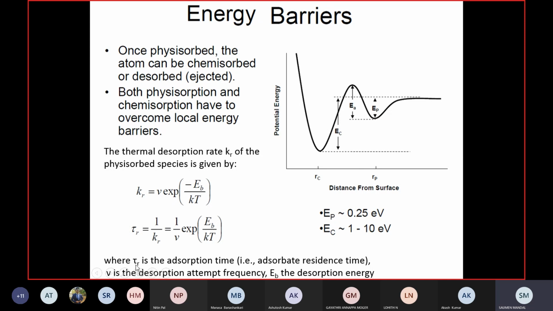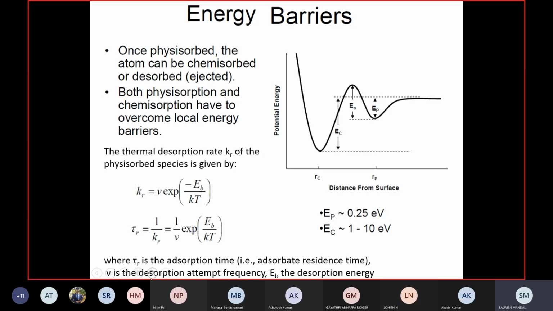Another term is tau r, the residence time, that is, how much time it will stay on the surface before desorption.